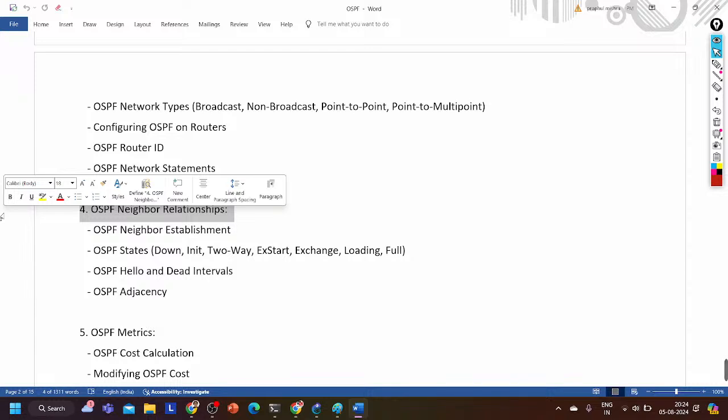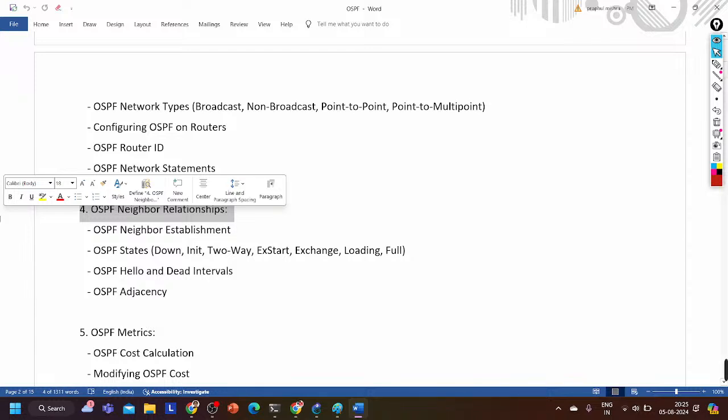AS number, network ID. AS number must match, router ID must be unique, subnet mask must match. Then if you have configured authentication, then authentication should match, key values should match. These are the hello parameters.